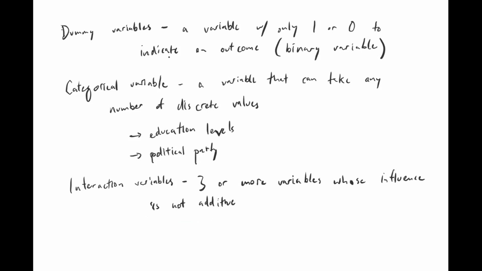What this means is that you may have an x1 and an x2, and they have some effect on y, right? x1 has an effect on y, x2 has an effect on y, but then you may have a separate effect on y happening as the result of the combination of x1 and x2.